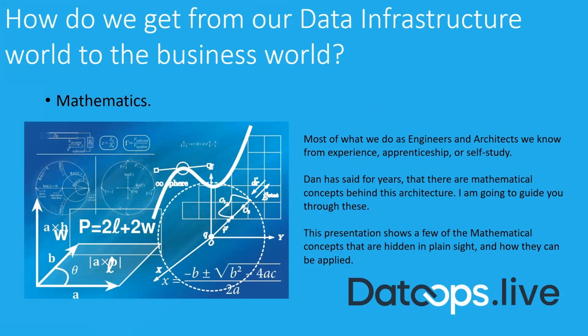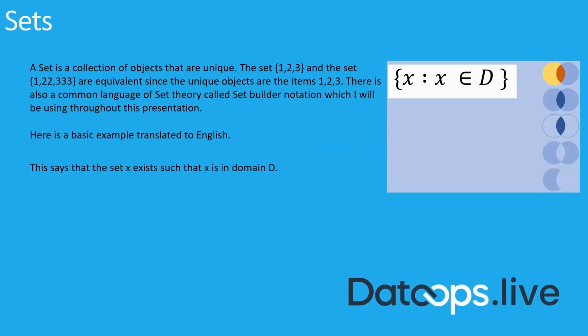So how do we get from our data infrastructure to the business world, rather than focusing on the low-level infrastructure details? There's a way to translate that into business speak, and some of that has to do with a little bit of math, in order to get to where things are translated easily between the business and the technical side.